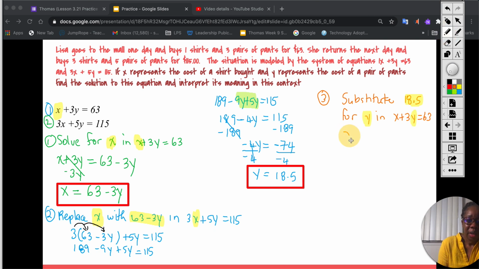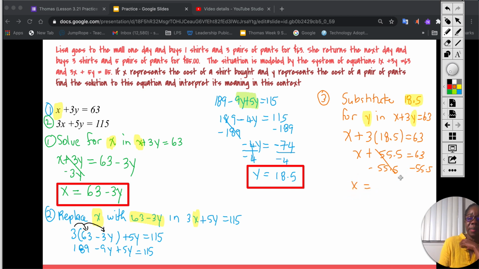So that's x plus 3, open parentheses, 18.5, is equal to 63. When we multiply 3 times 18.5, that is giving us 55.5. That's equal to 63. We subtract 55.5 from both sides. That cancels out, so we get x is equal to 63 minus 55.5, which is 7.5. So now we have a numerical value for x, which is 7.5.